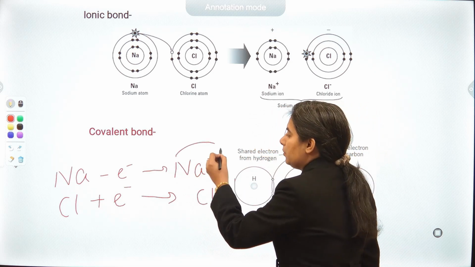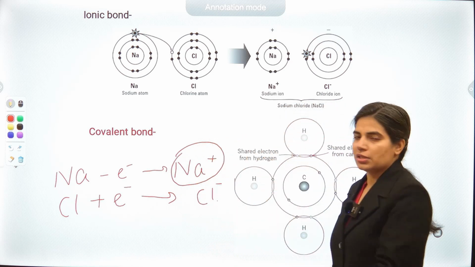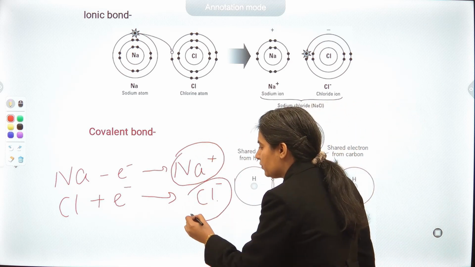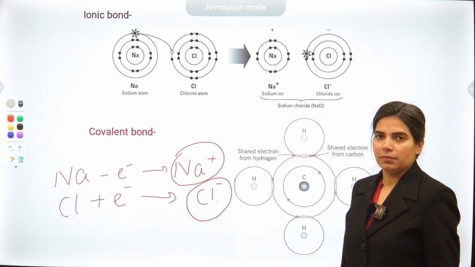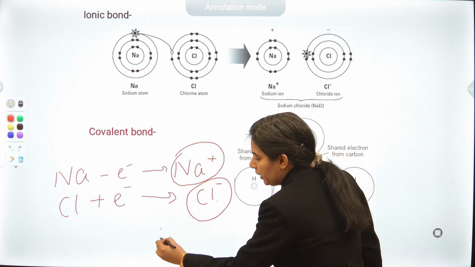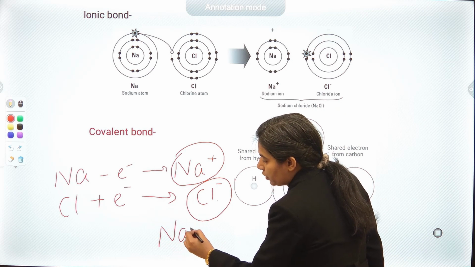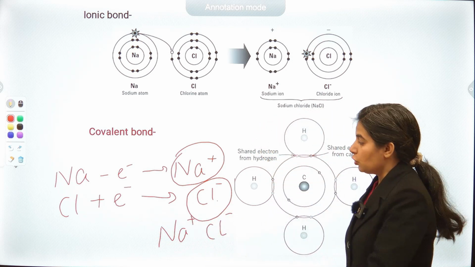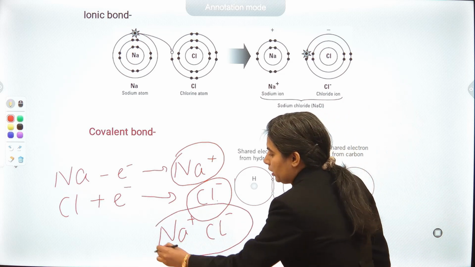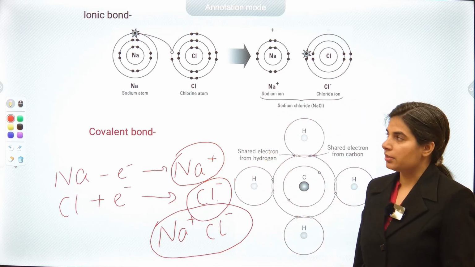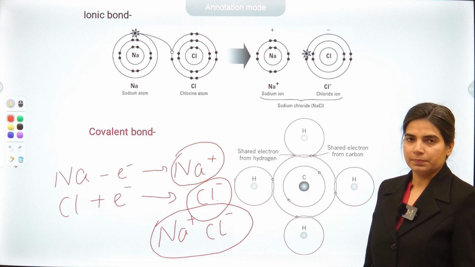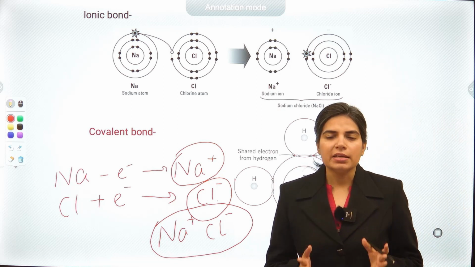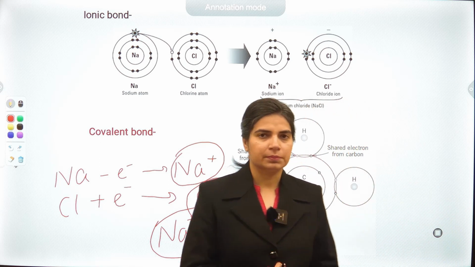So the atom having positive charge is called cation and the atom having negative charge is called anion. And there will be attraction between sodium positive and chlorine negative. So this kind of bonding where the interaction occurs is called ionic bond. So NaCl is forming ionic bond.